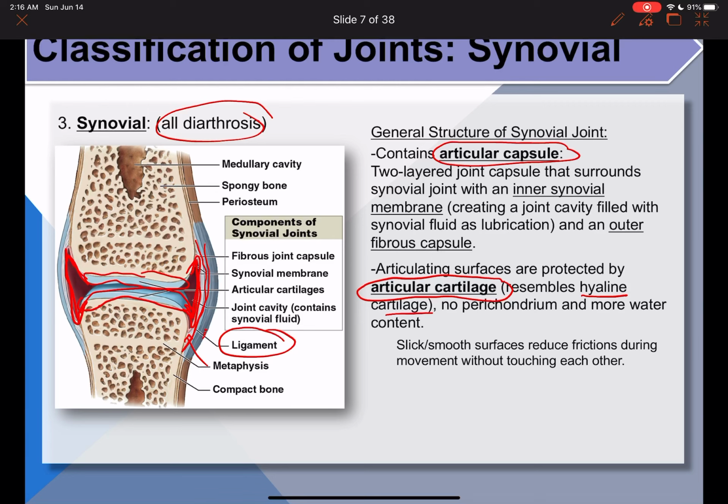Now, the joint usually doesn't have any perichondrium in this area, and they contain more water content. Okay, they tend to be slick, smooth, which makes sense because they are for smooth gliding past each other as the bone is moving back and forth, or left and right depending on the joint. But they have to have that smooth surface to reduce friction during movement.